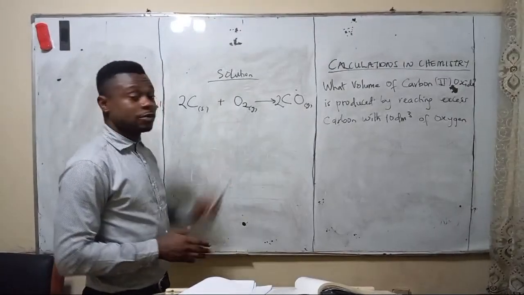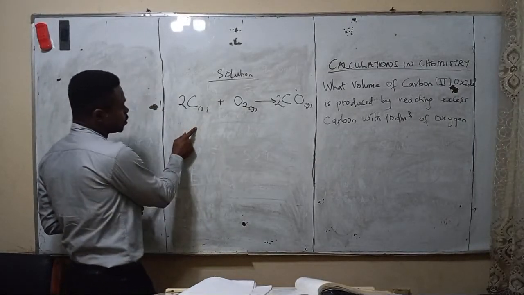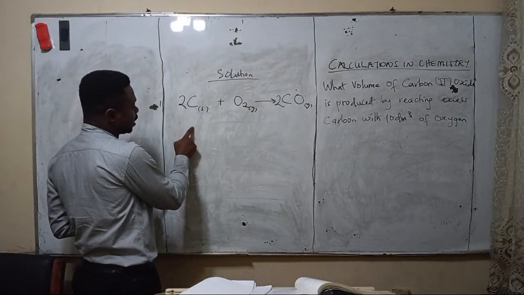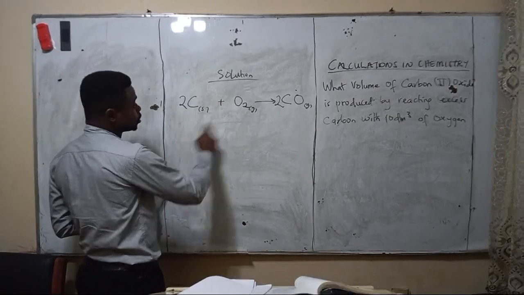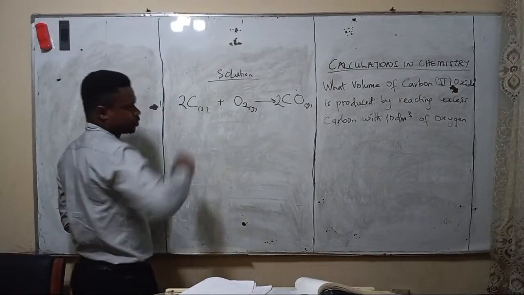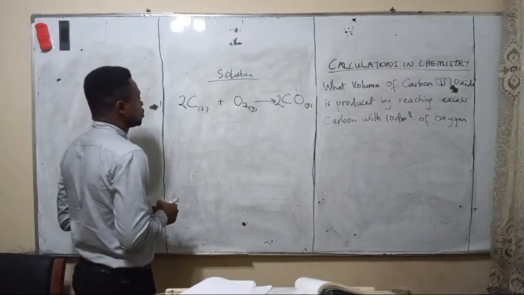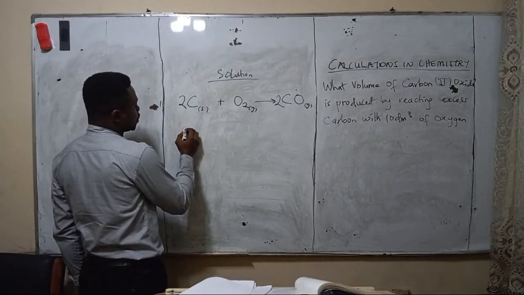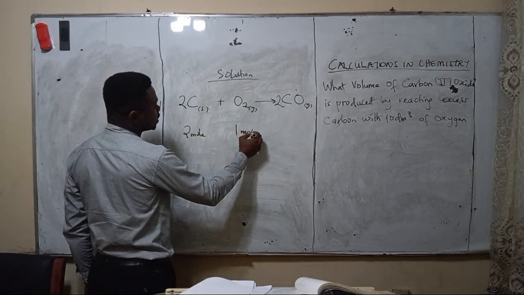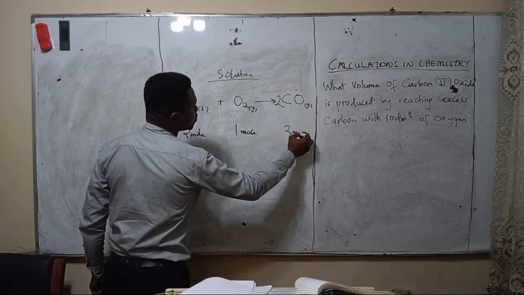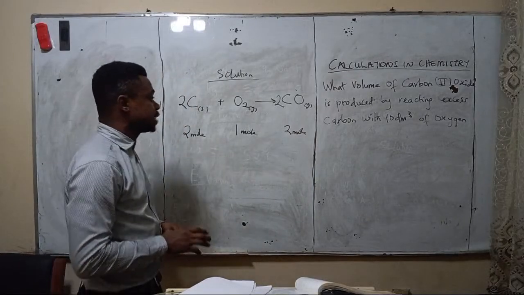So excess carbon reacting with oxygen will give carbon 2 oxide. As you can see here, their mole ratio is 2:1:2. Here, 2 moles of carbon react with 1 mole of oxygen to form 2 moles of carbon 2 oxide.